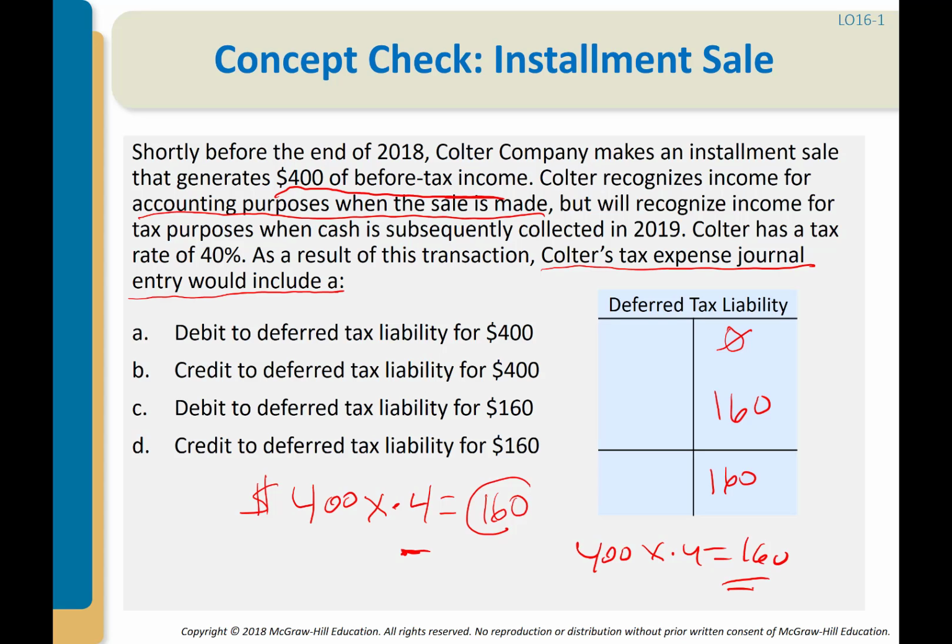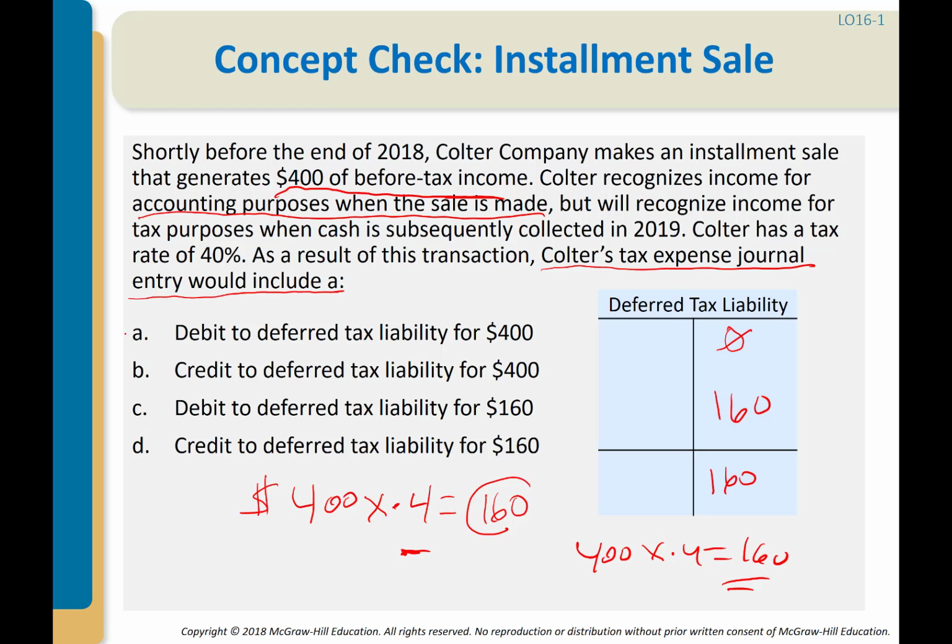So that's also going to be my tax expense, and since I haven't taken any of this for income, I don't have a tax payable, right? So the tax expense has to be what? Has to be a debit.